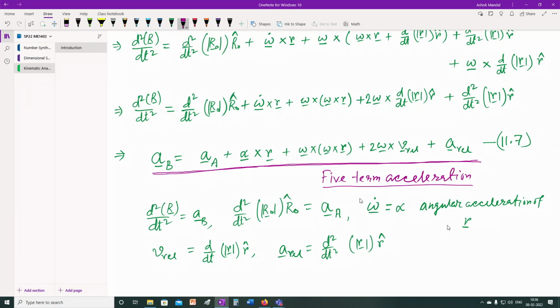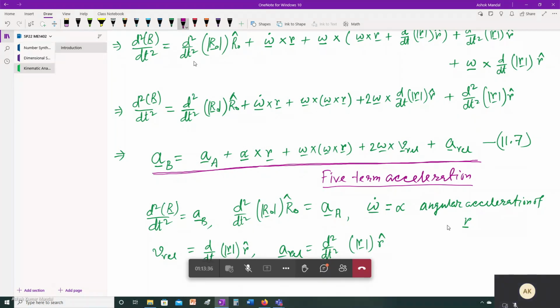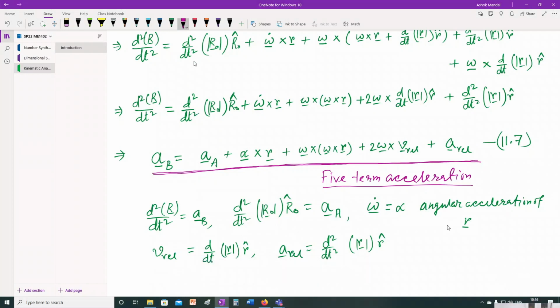See, the whole thing, number synthesis and dimensional synthesis, this is a huge thing. It is just an introduction. The beauty of the book is it does not spoon feed you. It gives you scope to think about.